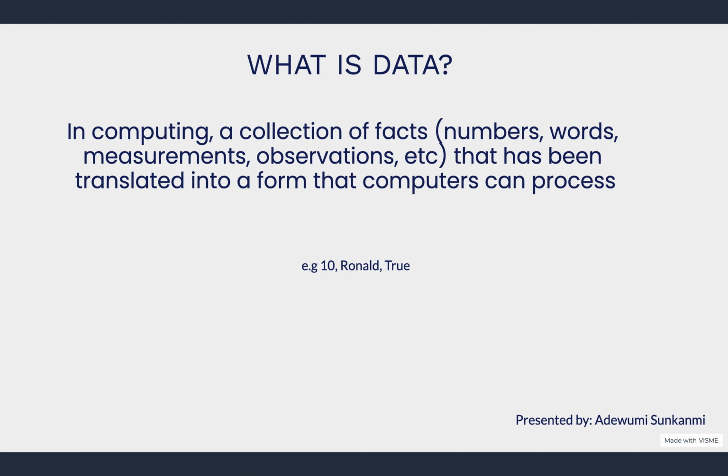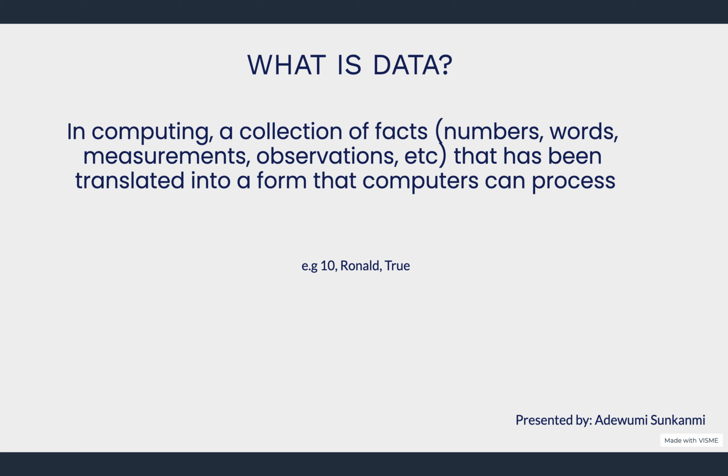Data structure contains two words, which are data and structure. What is data? In computing, data is a collection of facts which can be numbers, words, measurements, or observations that have been translated into a form that computers can process.